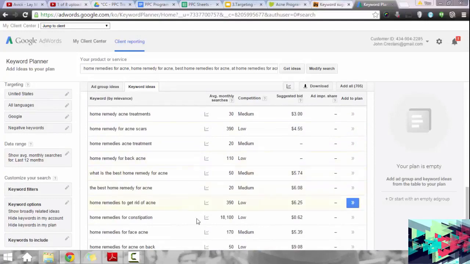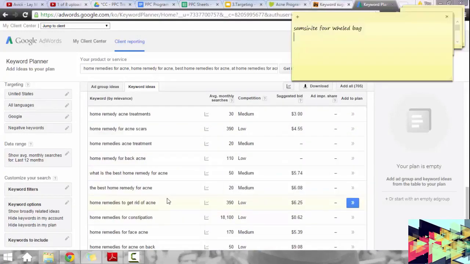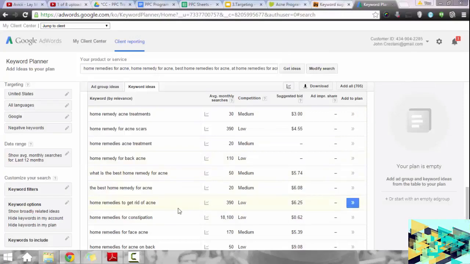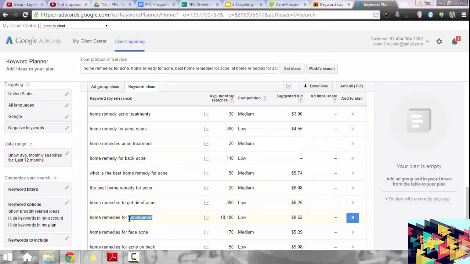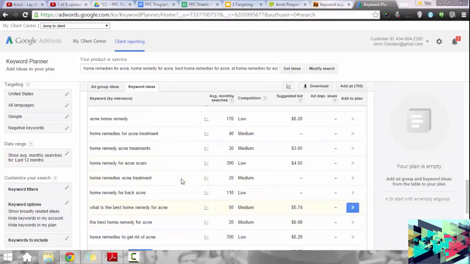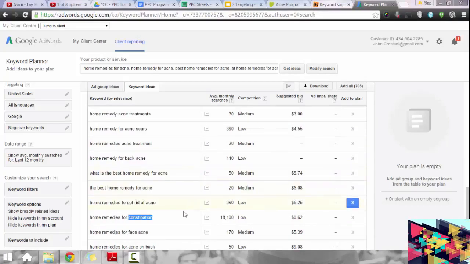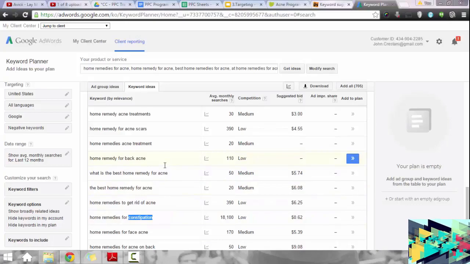What I am going to do is make sure we get rid of a lot more negatives. A number of things show up in the suggestions. Keep in mind, if Google is suggesting these terms, such as constipation, for whatever reason, Google could somehow misconstrue our modified broad match keyword and make us advertise on constipation related words.